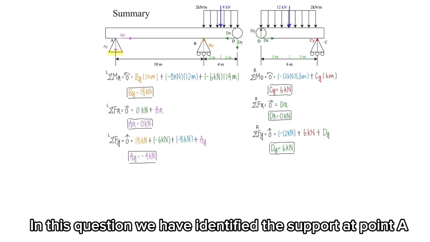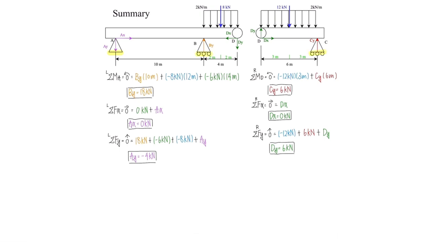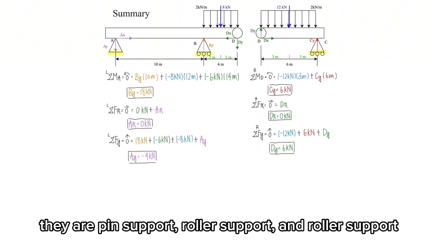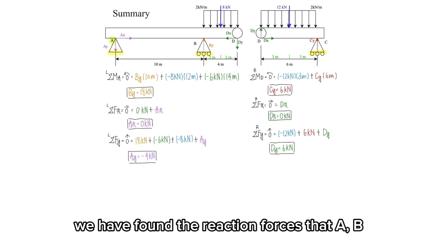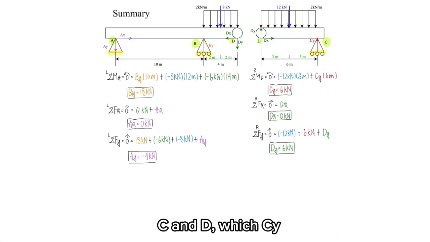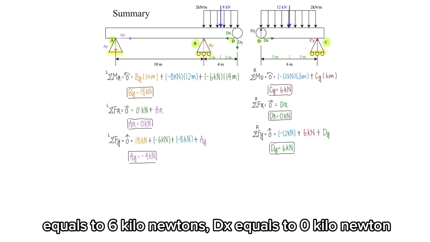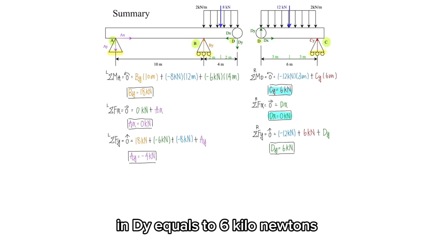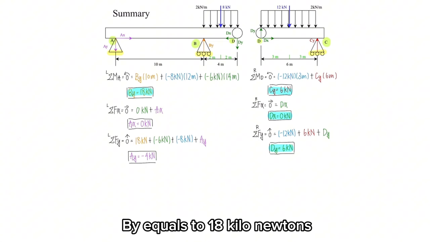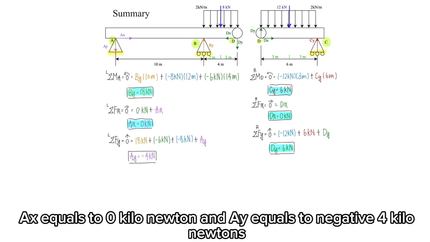In this question, we have identified the supports at points A, B, and C. They are pin support, roller support, and roller support. We have found the reaction forces at A, B, C, and D, where Cy equals 6 kilonewtons, Dx equals 0 kilonewtons, Dy equals 6 kilonewtons, By equals 18 kilonewtons, Ax equals 0 kilonewtons, and Ay equals negative 4 kilonewtons.